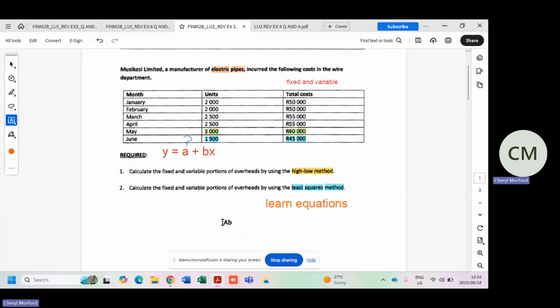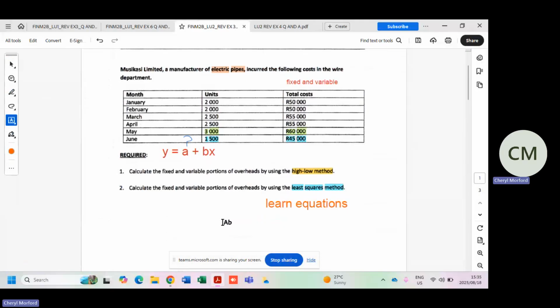So what you need to do here is prepare yourself a table, and the table must contain all of the values that you're going to need for substitution purposes. You would need X, and X is, in this case, units or activity. You're going to need Y, your dependent variable, which is your total cost. You will need N, and that's just the number of observations, which in this case is 6 because there's 6 months.